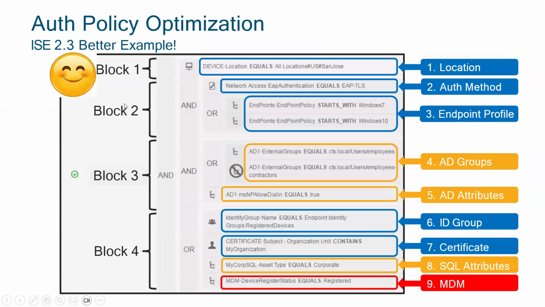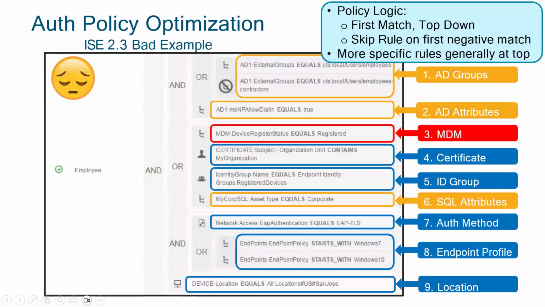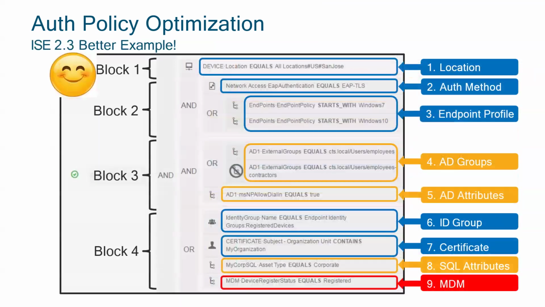Now you can see this policy. In this policy, you'll see the blocks are defined. Block 1 is location, block 2 is authentication methods and endpoint, block 3 is AD groups, block 4 is ID groups. In the other one, you can see nothing is defined, nothing is hierarchical. Here you can see it is AND, OR.